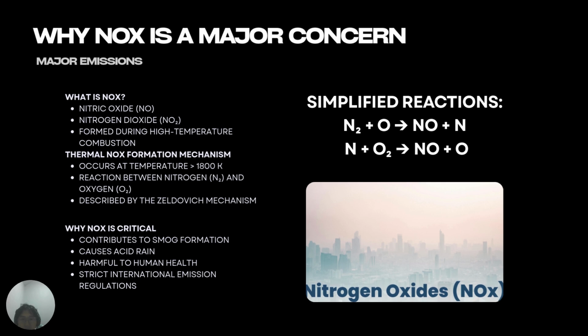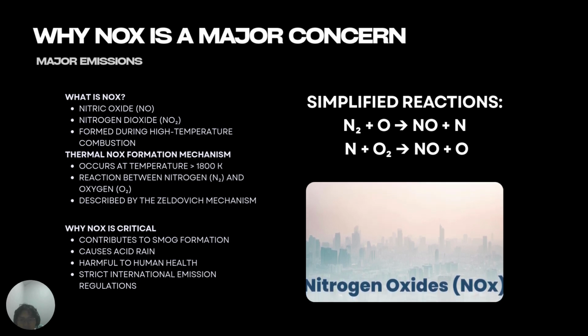In a gas turbine, the dominant mechanism is thermal NOx formation. When combustion temperature exceeds approximately 1800 Kelvin, nitrogen and oxygen molecules dissociate and react according to the Zeldovich mechanism.